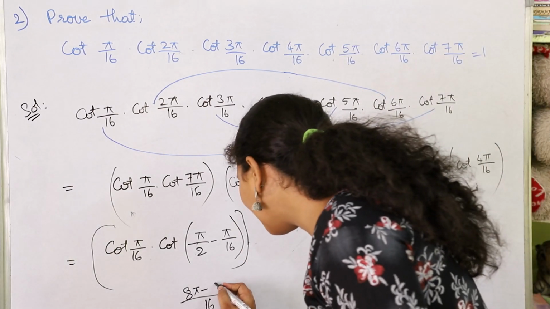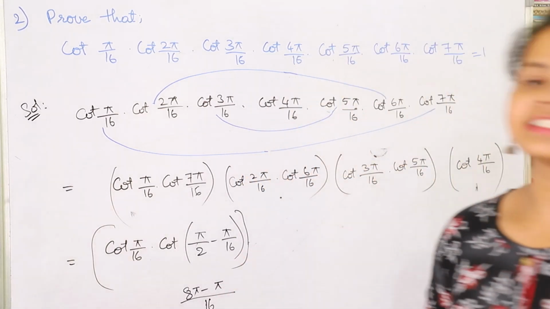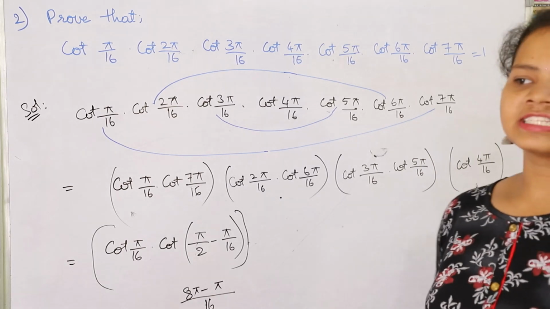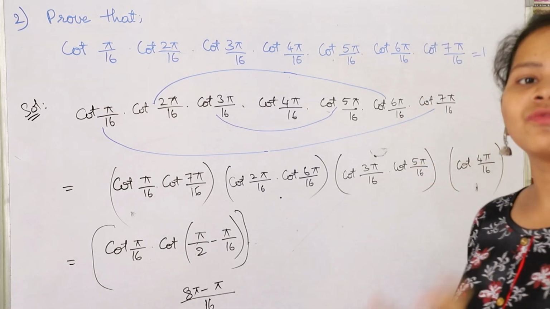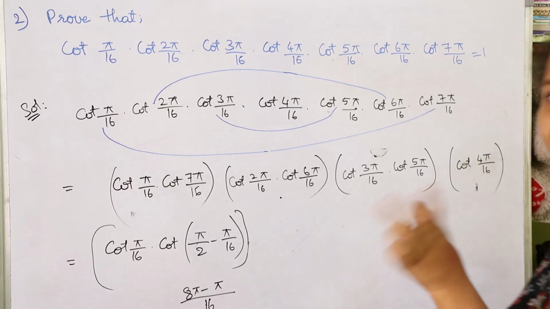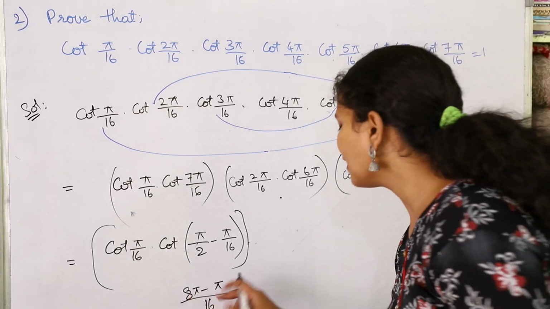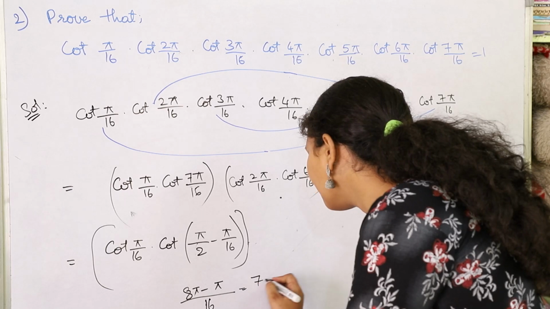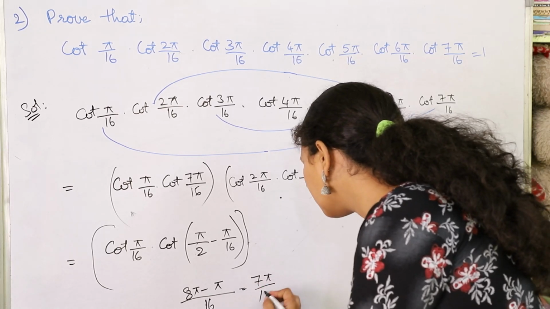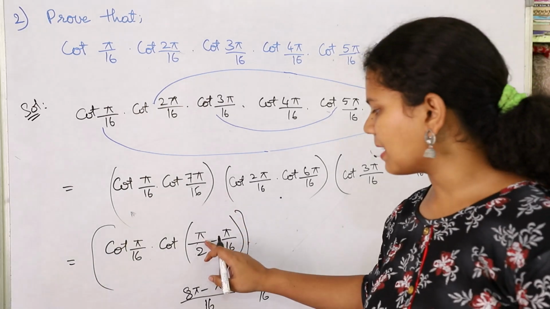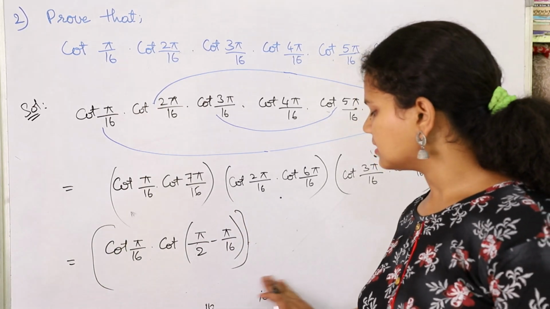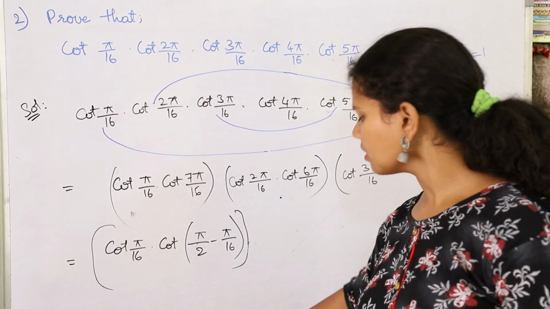Here the denominator 16 and the numerator 16 get cancelled, and I will be left with pi. So 8 pi minus pi equals 7 pi, with 16 as it is, so 7 pi by 16. So that's what I have written: 7 pi by 16 as pi by 2 minus pi by 16. Clear?